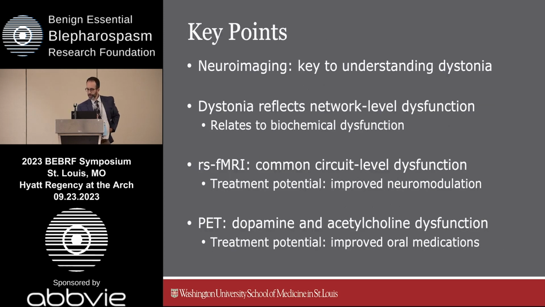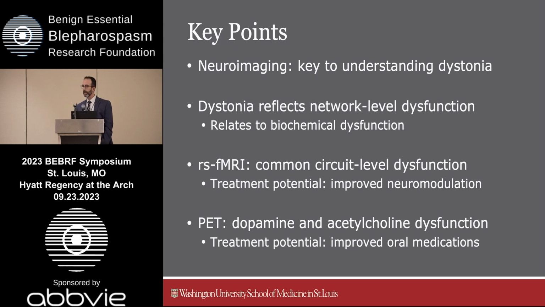So I'm sorry I rushed through that. We were a little bit late to start, but hopefully I was able to convey some of the basic concepts: that neuroimaging is key to understanding dystonia, and key to linking dysfunction of the brain causing dystonia. We've heard from a lot of wonderful, very intelligent people who are treating dystonia by treating the peripheral manifestations, right?